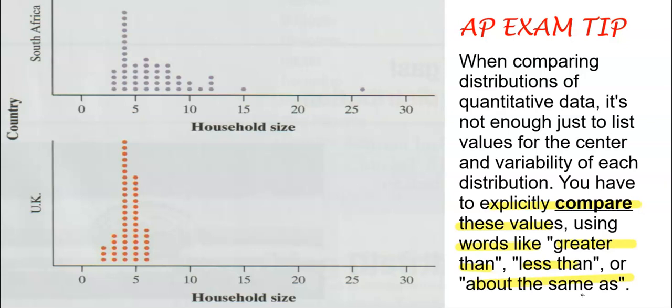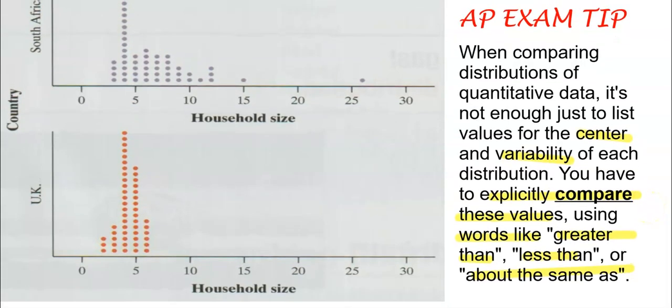You're going to do that when we talk about the center and the spread of the distributions. And I like to use words like, on the other hand, the UK looks like this. So make sure you actually compare.